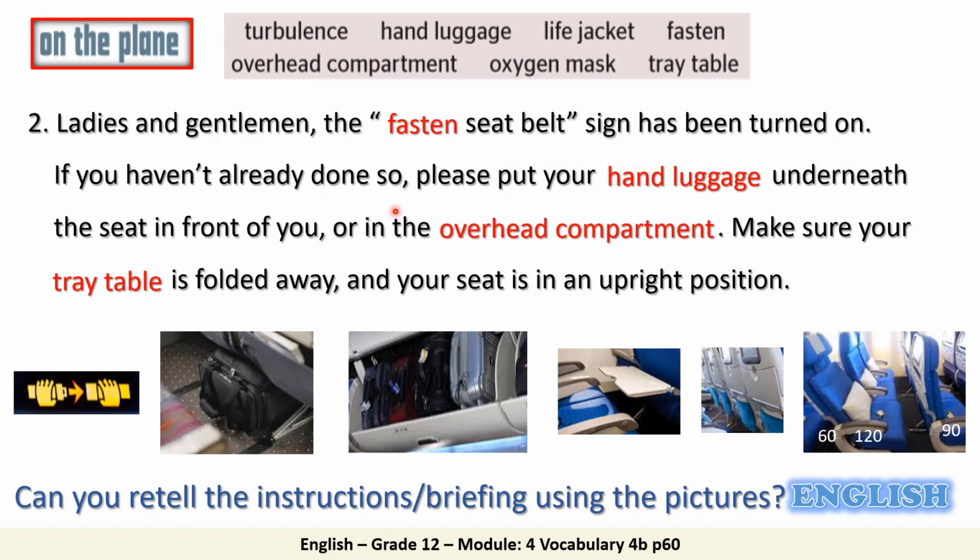If you haven't already done so, please put your hand luggage underneath the seat in front of you or in the overhead compartment. Make sure your tray table is folded away and your seat is in an upright position. Just do it once or twice to improve your speaking skill.